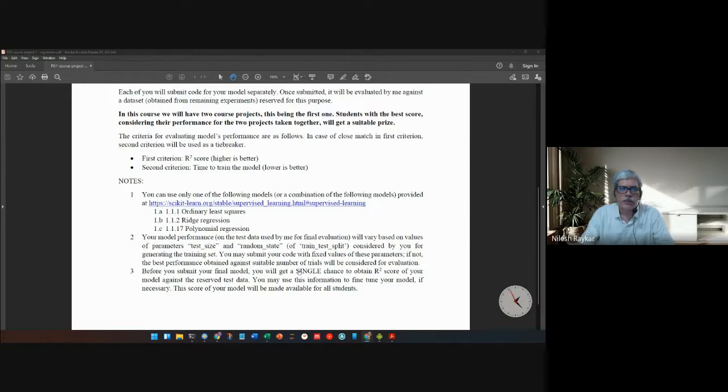As soon as you send your code to me, whatever score you have achieved will be revealed to everybody, so everybody knows how the others are doing. It is up to you whether you want to do this test. I think there is no harm in sharing the name also, that so and so student has got this much score in the trial run, so that you know whether you are far behind or far ahead of others.